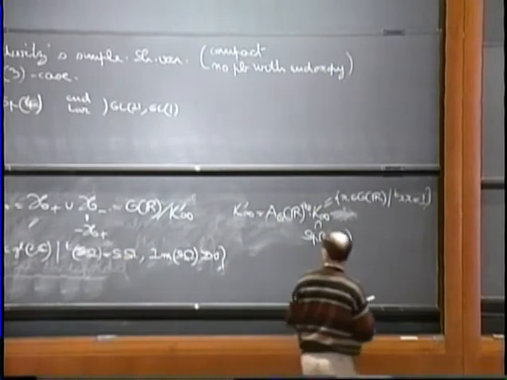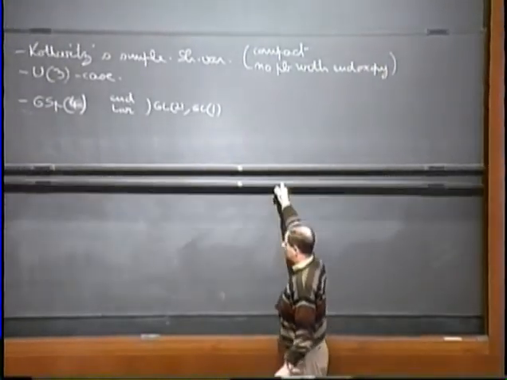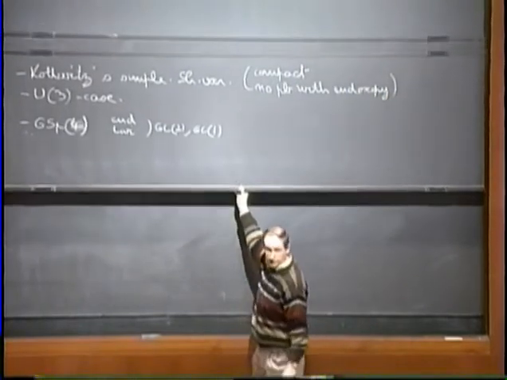So we need also local systems. The local systems in this theory come from rational representations of the group.